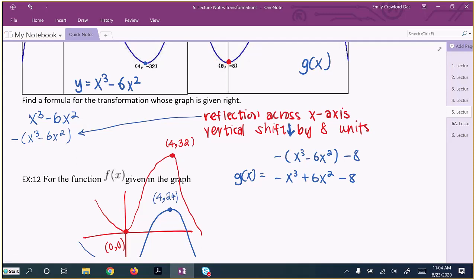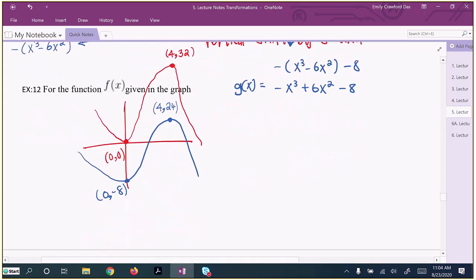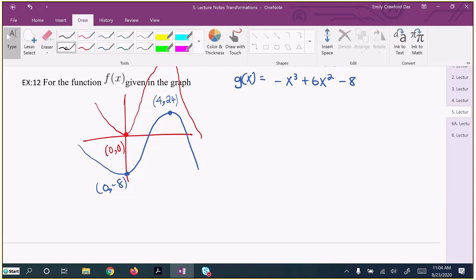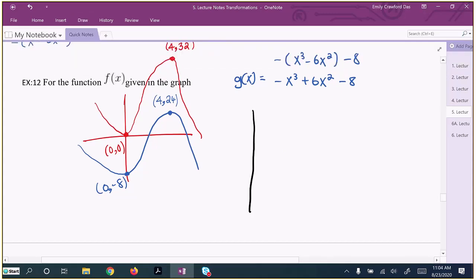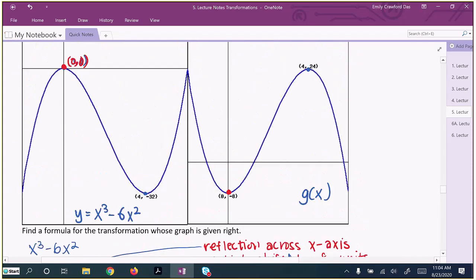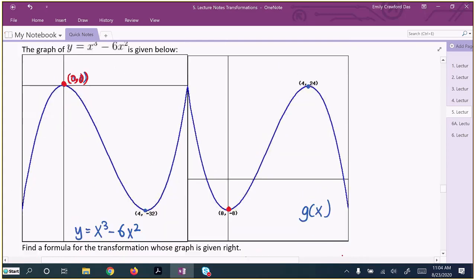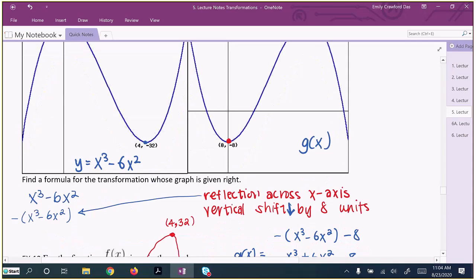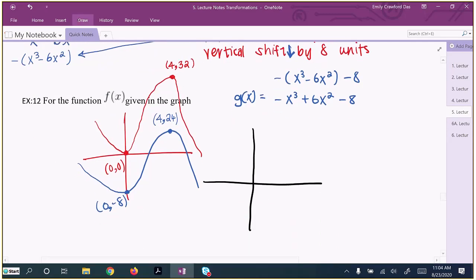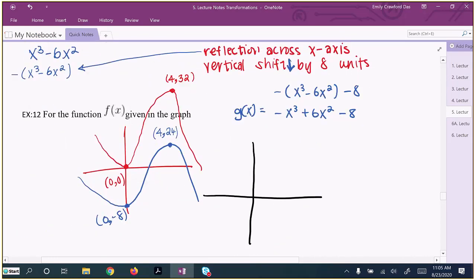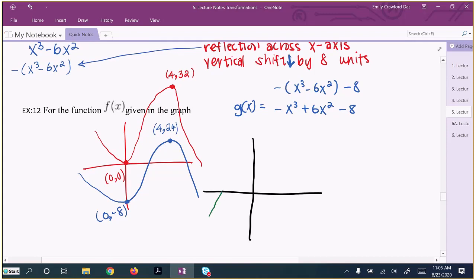Could I have also done those transformations in a different order? Let's see. Instead of taking care of the reflection first, let's take care of the shift first. If that were the case, then first I would need to shift up. So my graph looks like this. This point 0, 0 would become 0 and positive 8.